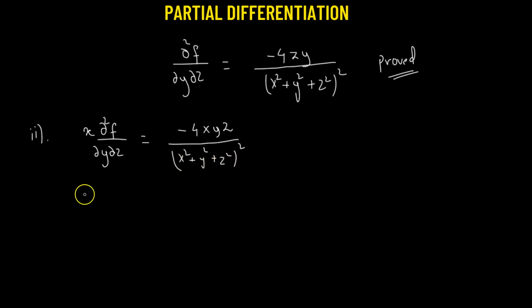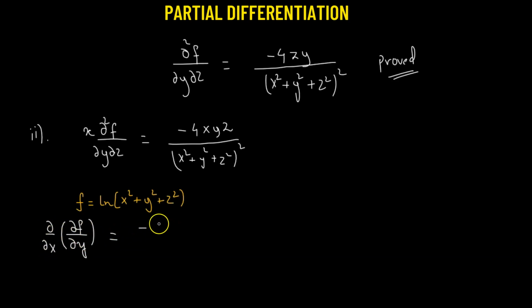Now we'll consider our given function f, which is equal to log of x squared plus y squared plus z squared. We can take its derivative with respect to y, and then we will take its derivative with respect to x. When we do that, we will get the value negative 4xy divided by x squared plus y squared plus z squared whole squared. What we have to do is follow the same steps as we have performed in part 1, and this is exactly the result that we will obtain.